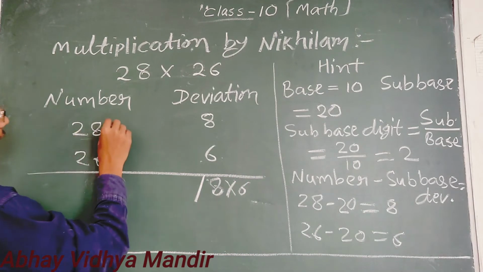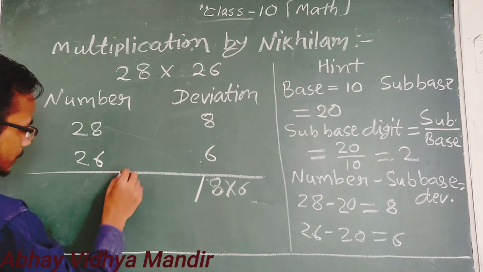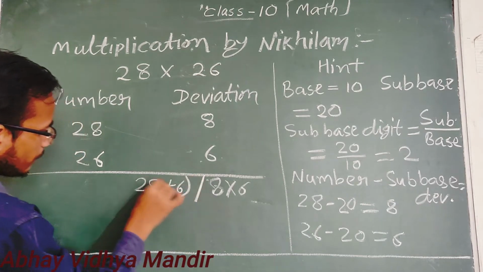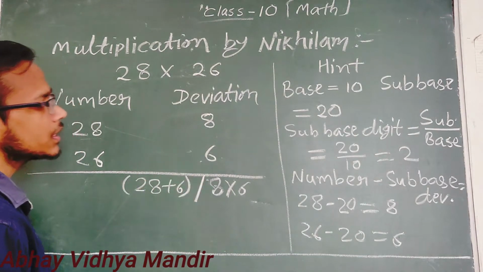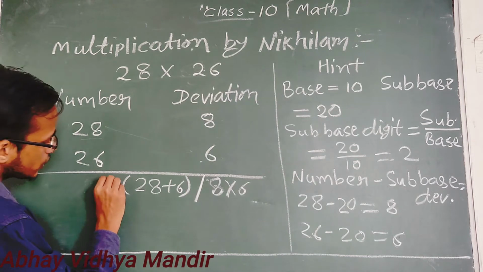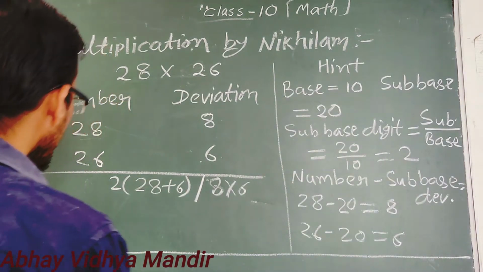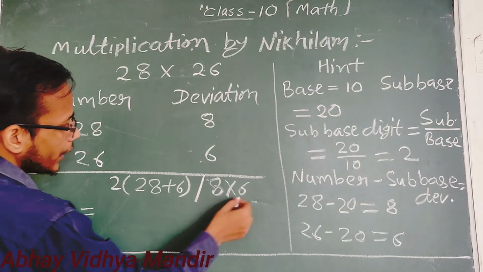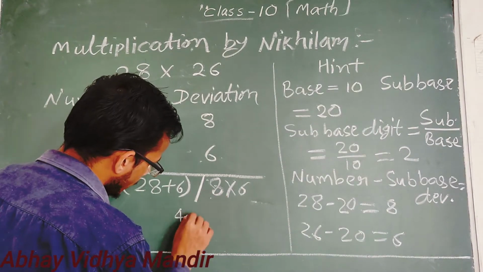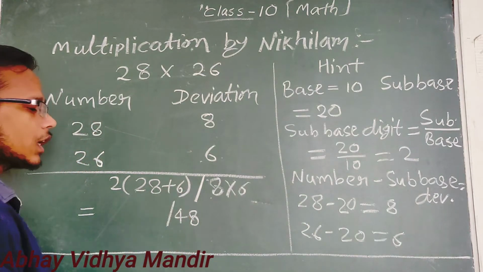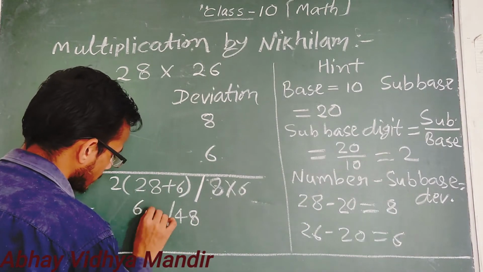So 28 added with 6, and multiply with the subbase digit. So subbase digit is 2. Solve it now. 8 into 6, 48. And this is 34 into 2, 68.